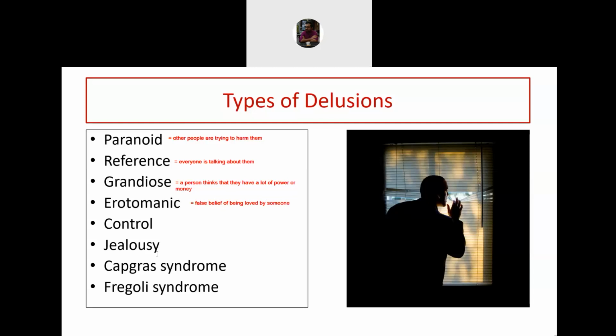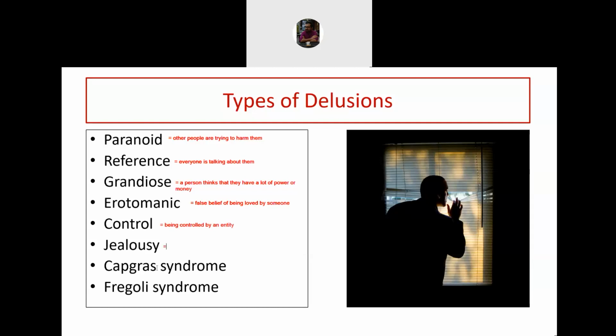We have delusion of control, where a person thinks that he or she is controlled by some entity. That can be a person, that can be a machine, that can be the aliens, that can be any other supernatural power. So it's a delusion of being controlled by an entity. That can be human or non-human.